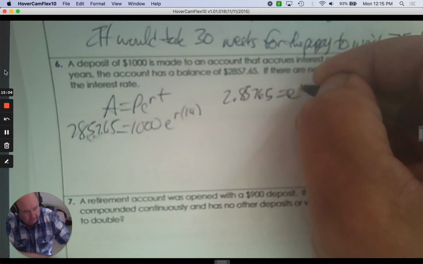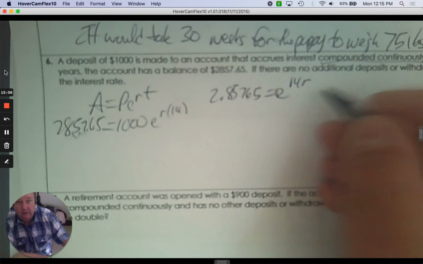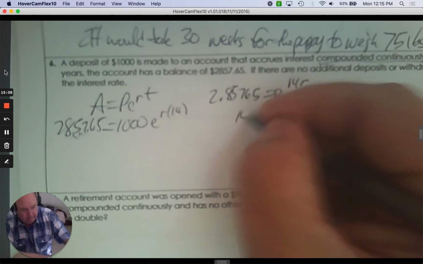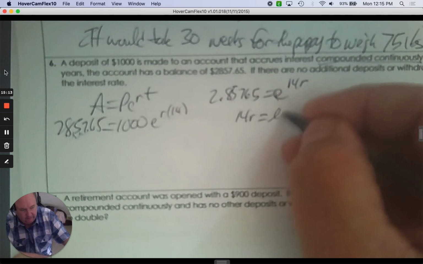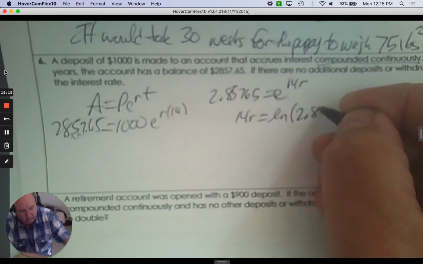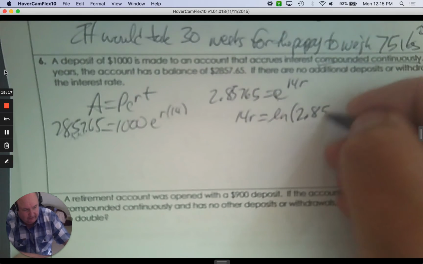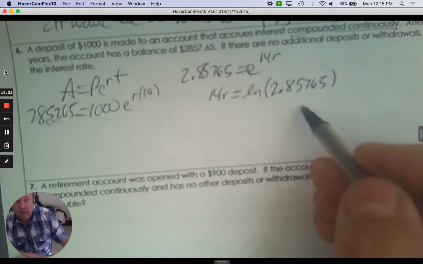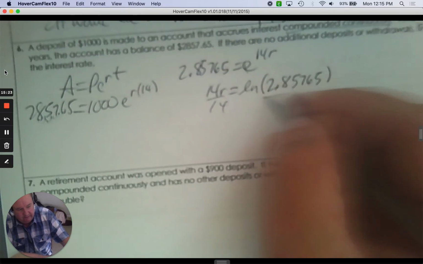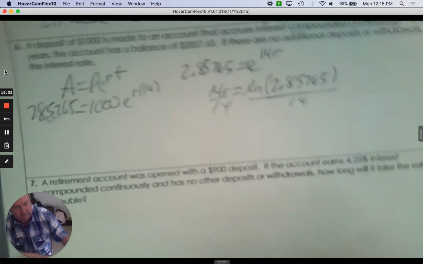Next, we're going to write this as a logarithm. So the exponent is 14r. The logarithm that has a base of e is ln, and then what goes inside is 2.85765. Do not truncate it. The whole number. Divide it by 14, and then use your calculator.